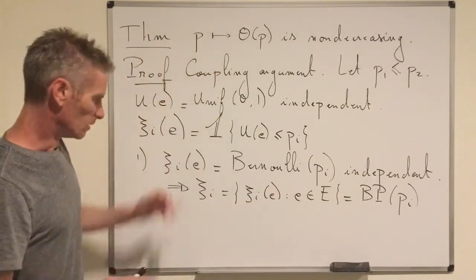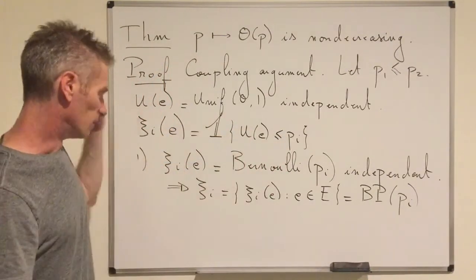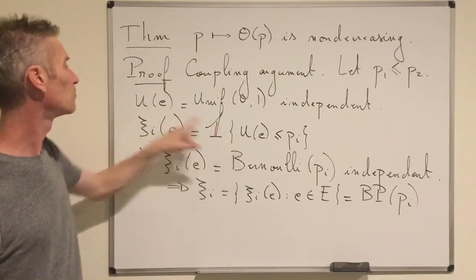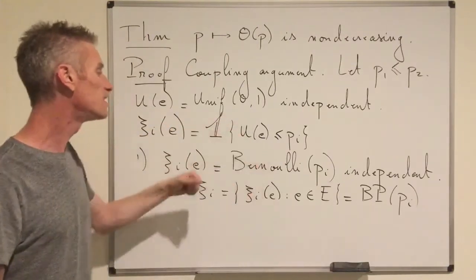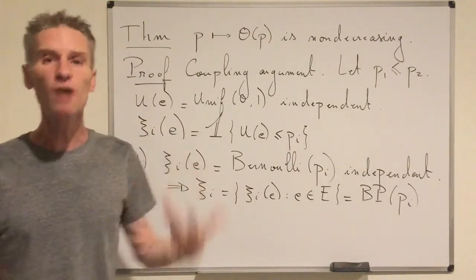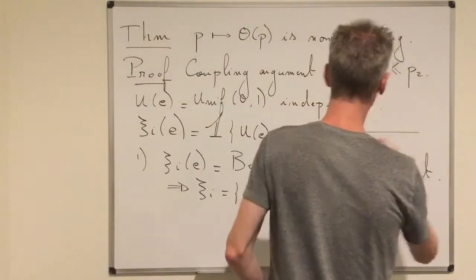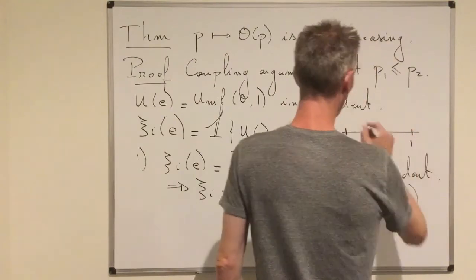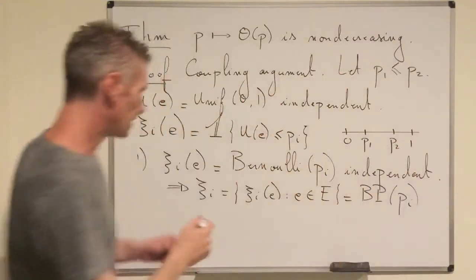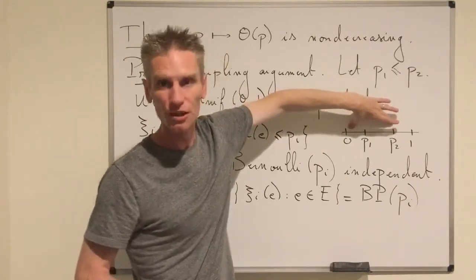So now you see that for different values of E, those Xi of E are independent, but by construction, because Xi1 of E and Xi2 of E are constructed from the same uniform random variable, you see that Xi1 of E and Xi2 of E are not independent. And in fact, by construction, so I remind you the picture here, again, you have 0, 1, maybe P1 is here, and P2 is there. You see clearly that if U of E is less than P1, then that's also going to be less than P2.